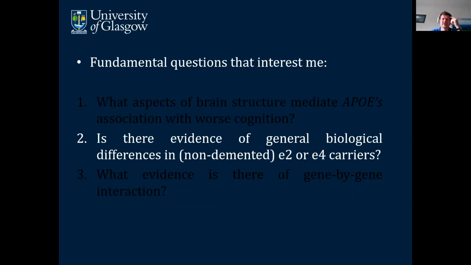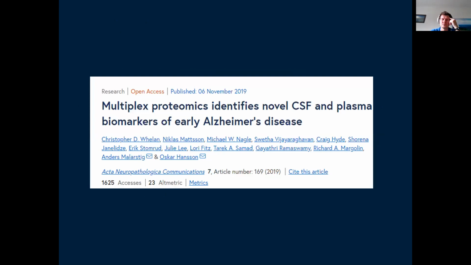Moving on to the second thing that interests me: is there evidence of general biological differences in people with E2 or E4 alleles even prior to developing dementia? There's quite a lot of interest in, obviously, biomarkers for Alzheimer's disease. ApoE4 is, I think, the best polygenic score for, so a polygenic score is a score which accumulates small additive genetic associations with your trait of interest, in this case Alzheimer's disease.